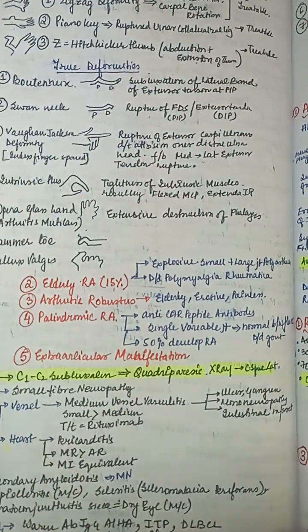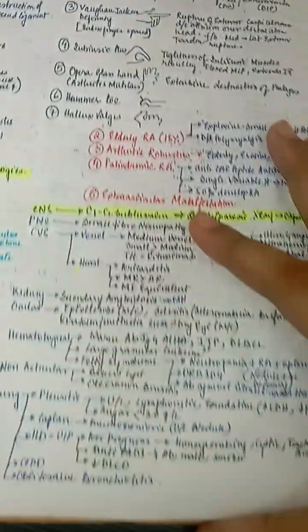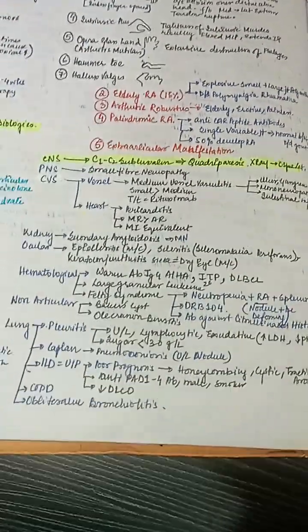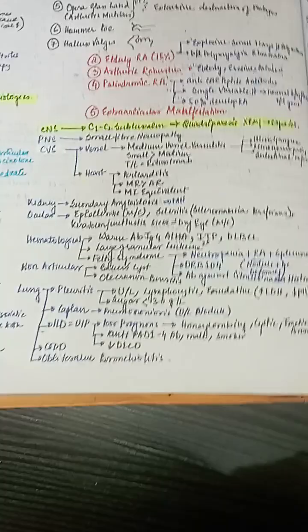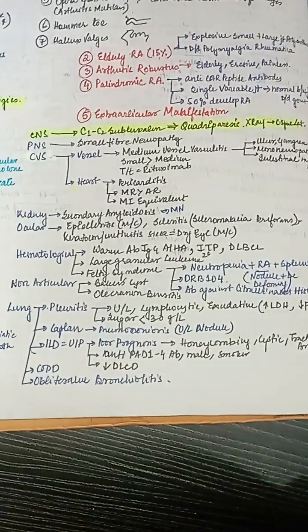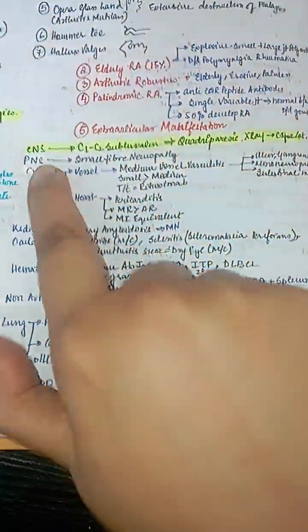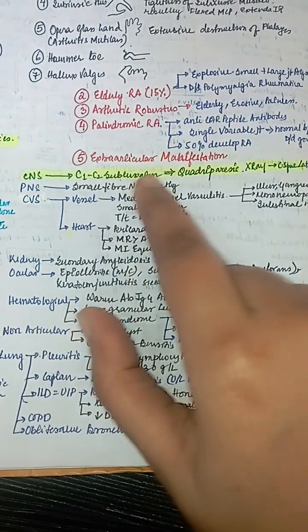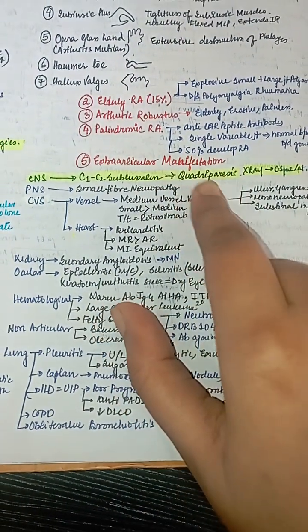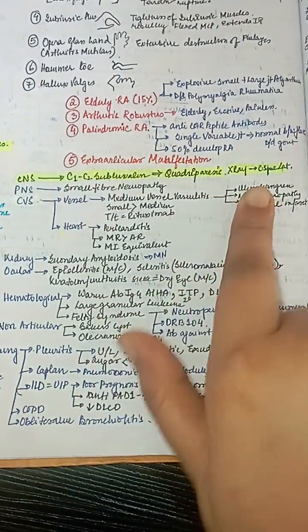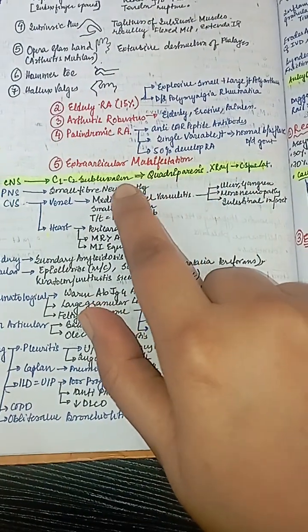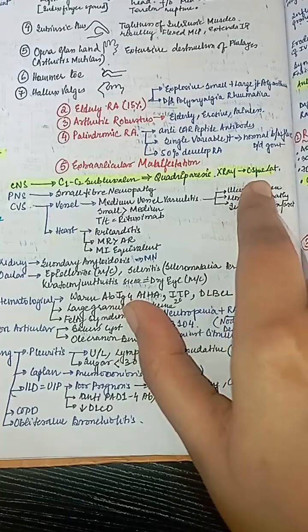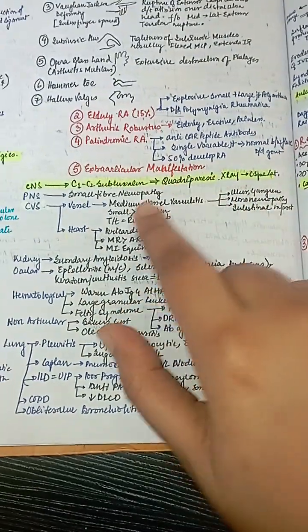What are the extra articular manifestations? CNS involvement is from the C1 C2 subluxation, causing quadriparesis due to the compression of the spinal cord. X-ray cervical spine lateral view is done.